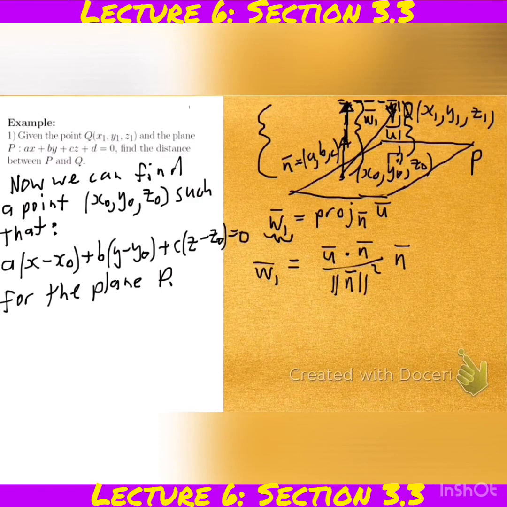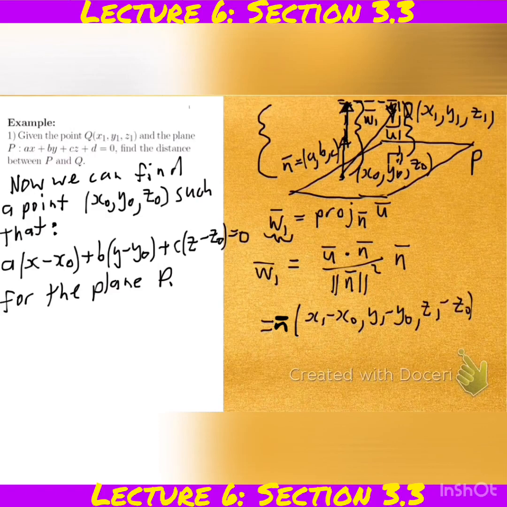So now it's just a straightforward application. What is the dot product between U and n? What is U? U is the vector x1 minus x0, y1 minus y0, z1 minus z0.